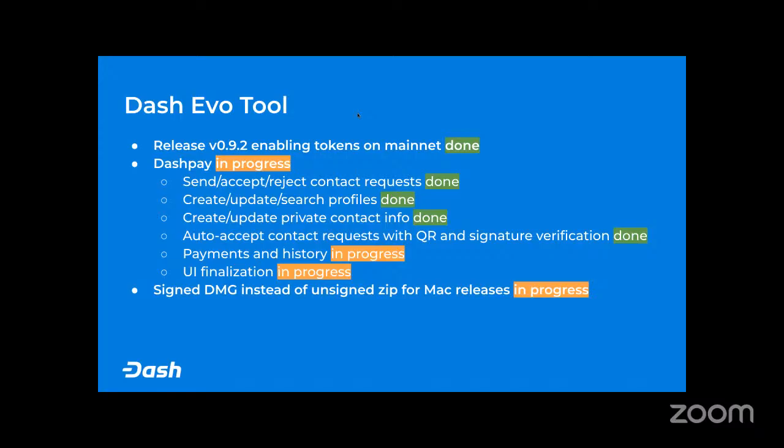To finish this, I think Sam is close to being done with the SPV stuff. He told me today I can get started on adding that into Dash Evo tool, and then we can finalize the payment stuff. That should be ready pretty soon.